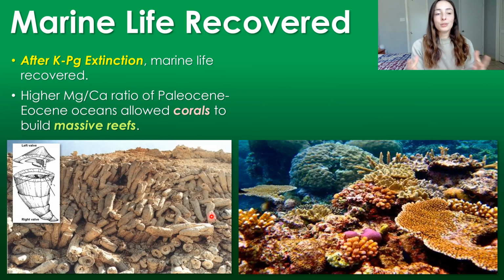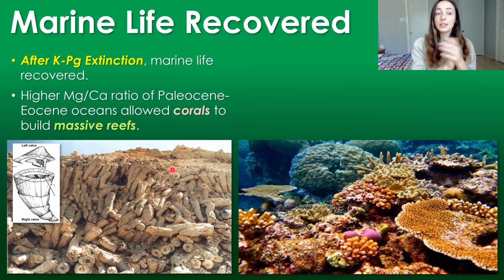If you remember, the reason is because higher magnesium to calcium ratios favor calcitic precipitation, and so organisms that precipitate calcite, like corals, would make a lot of reefs, which is what's happened since the Cretaceous-Paleogene boundary and throughout the Cenozoic until now, and that's why we have coral reefs.